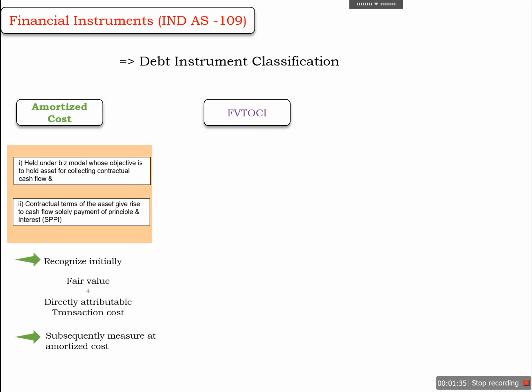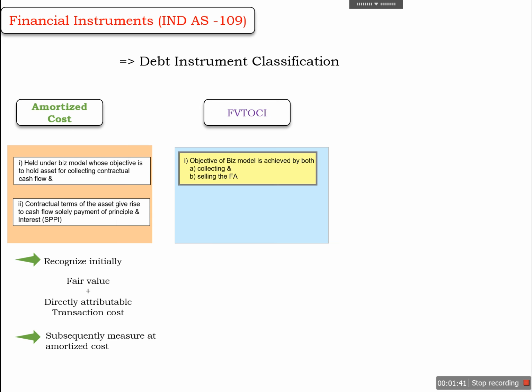The second category is FVTOCI. A debt financial instrument can be classified under FVTOCI if it is held under a business objective that is achieved by both collecting and selling the financial asset. In the amortized cost category, it was only collecting, but in FVTOCI, it is collecting and selling of the financial assets.